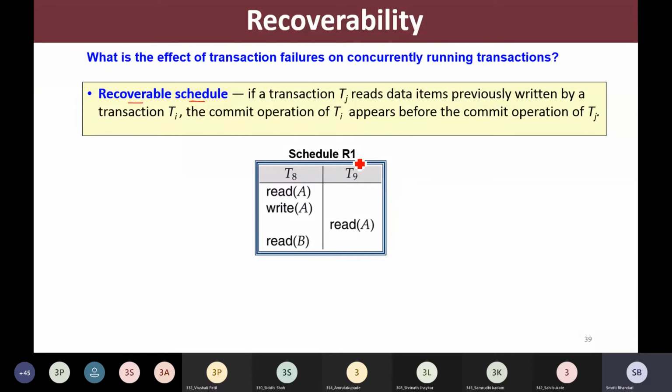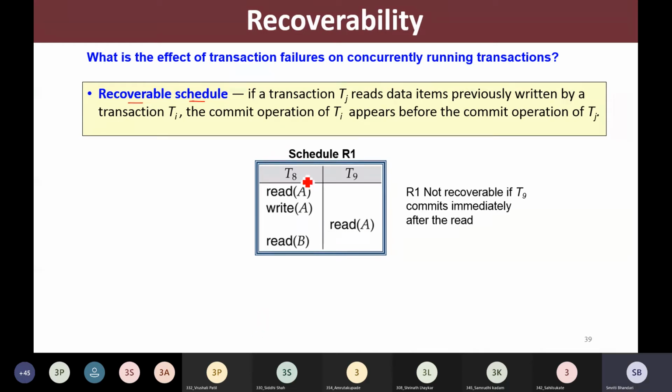Suppose we have this schedule named R1. In this schedule, we have two participating transactions, T8 and T9. Look at the instructions in these two transactions and the order in which they are being executed. Now, we will say that this schedule R1 is not recoverable if T9 commits immediately after this read instruction.